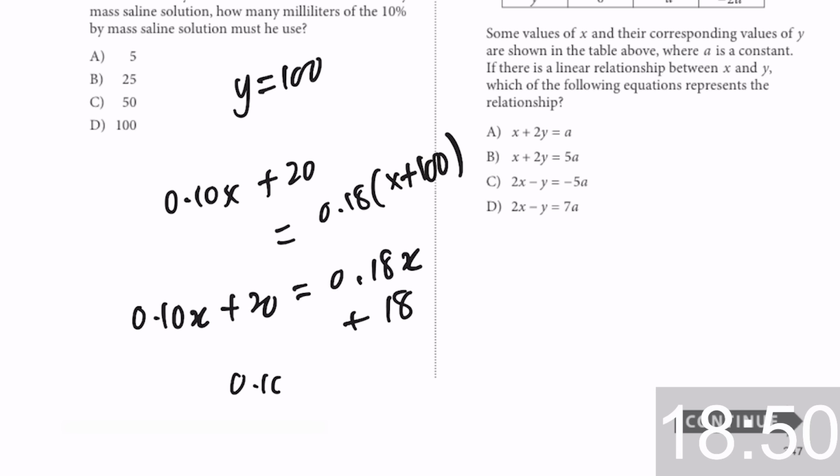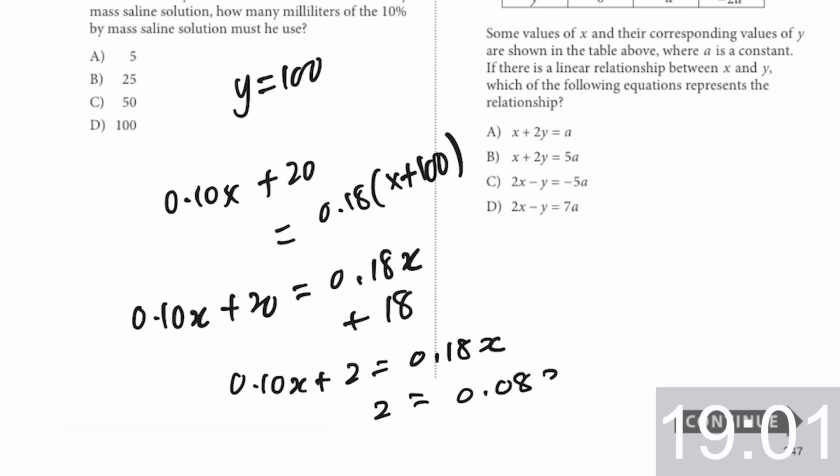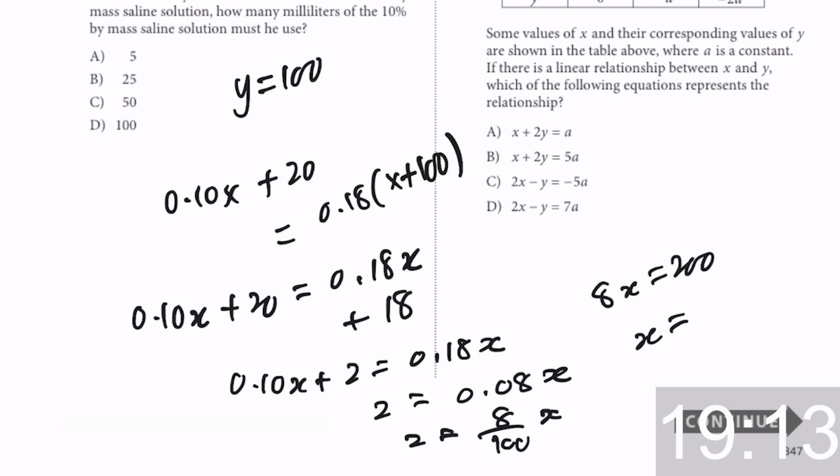So 0.10x plus 2 equals 0.18x. So 2 is 0.08x. So that's 8 out of 100. So 2 is 8 out of 100 x. So that tells me that 8x is 200. So I think x must be 200 divided by 8, which is 25.